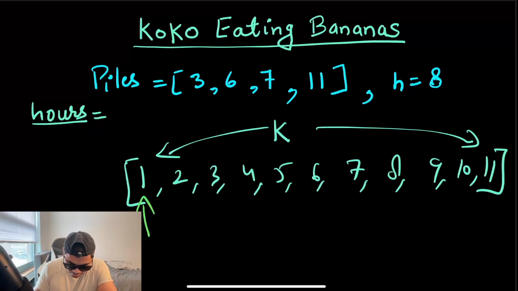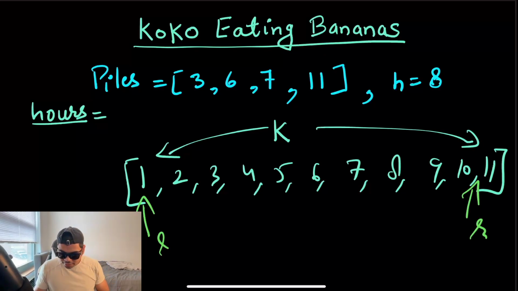We have our left and right pointers, and then we find the mid. Since it's the index, it's going to be left plus right, which will be 12 divided by 2, which will be 6. Can we choose k as 6 and be able to finish all the bananas in h hours? Yes, I think we can.